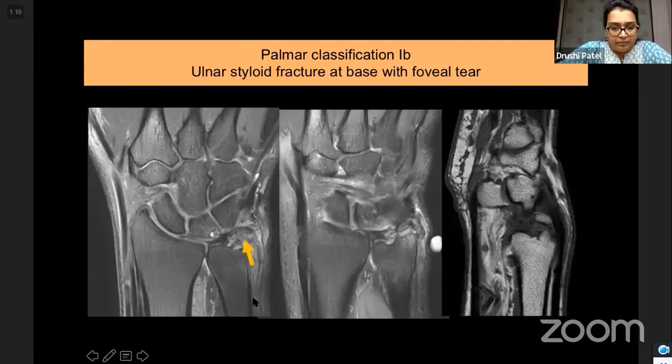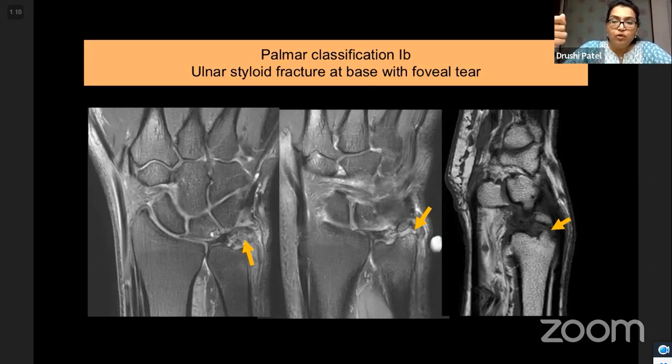One more example where you can identify the ulnar styloid fracture at the base. Since the fovea inserts at the level of the base, these are very likely to be associated with foveal tears. Since it's an avulsion fracture, think of ACL avulsion fractures.